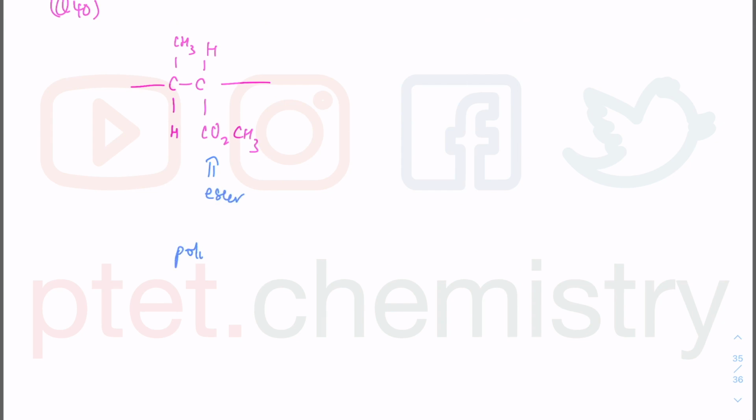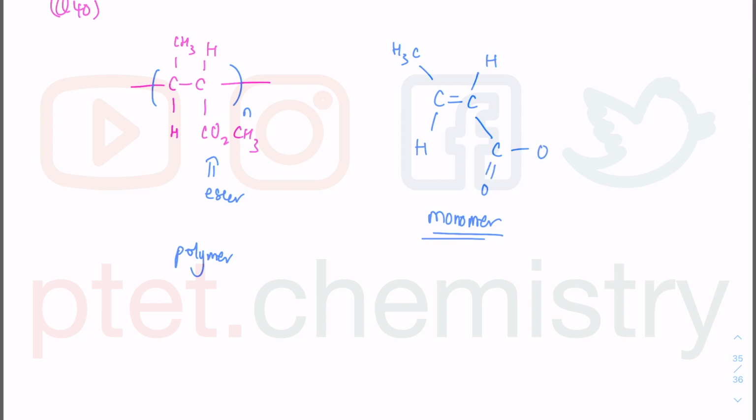So this is part of the polymer repeat unit. If I draw out the monomer, I'm working backwards, so I get back my carbon-carbon double bond, and I lose the extended chain. Then what I'll get is a CH3 and an H. I wouldn't draw a fully displayed formula, but I'll show the ester, so that it is very, very clear that there is the ester bond, and this is the ester bond that you have formed.